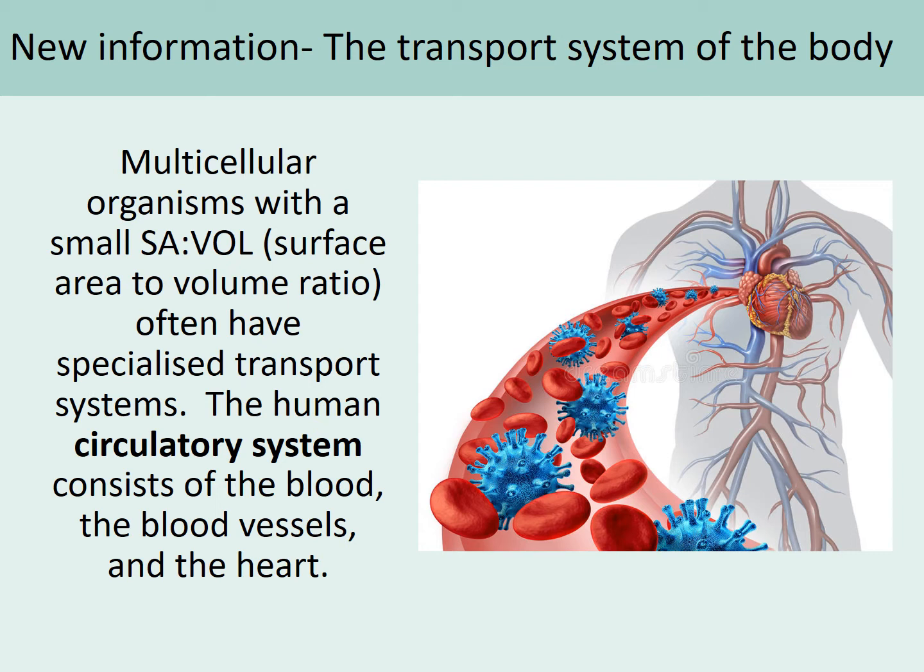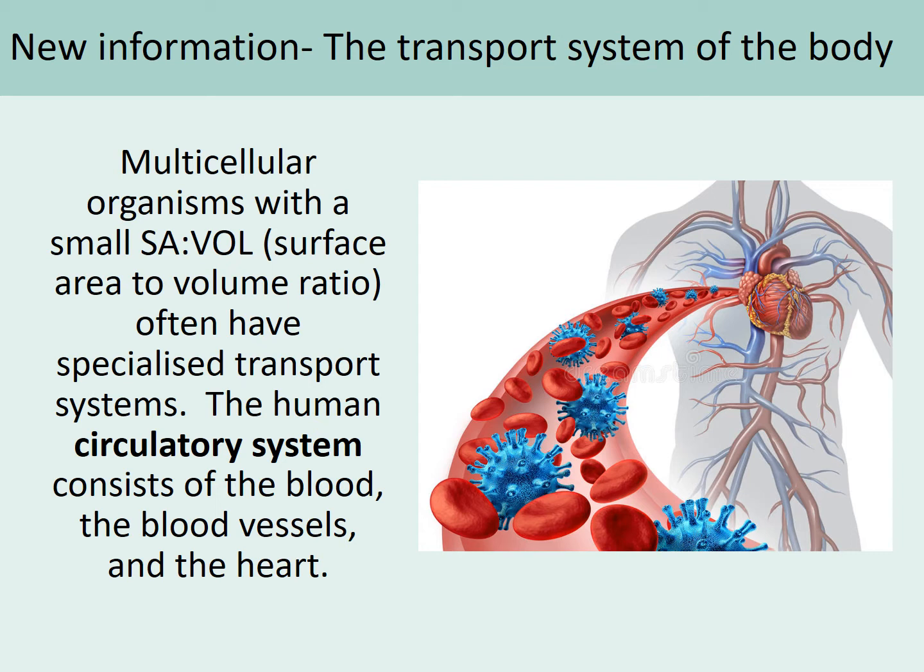Okay, so we are looking in more detail about the circulatory system. This will be our first lesson really on the circulatory system. Obviously you do a little bit at Key Stage 3, but we're going to be looking at different parts of the circulatory system.